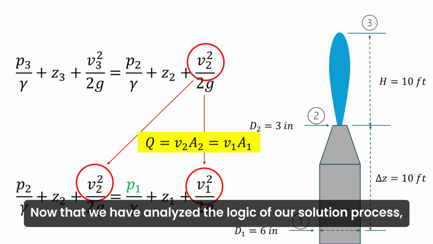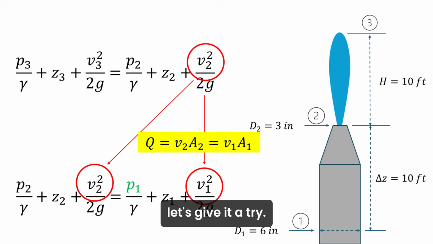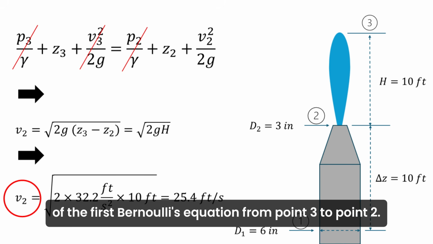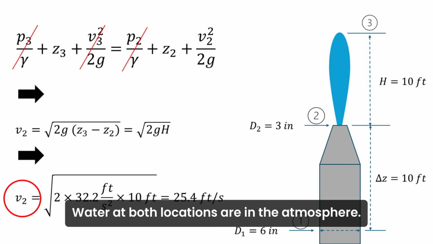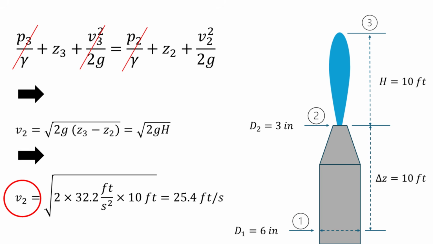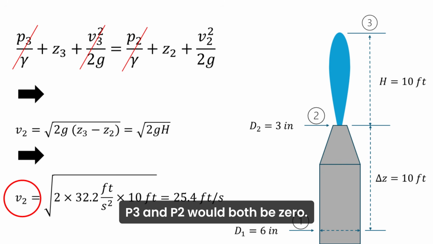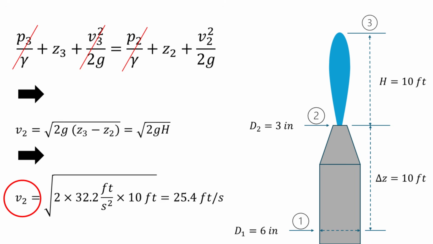Now that we have analyzed the logic of our solution process, let's give it a try. We start with the turn-by-turn analysis of the first Bernoulli's equation, from point 3 to point 2. Water at both locations is in the atmosphere. Therefore, their gauge pressures, P3 and P2, would both be 0.